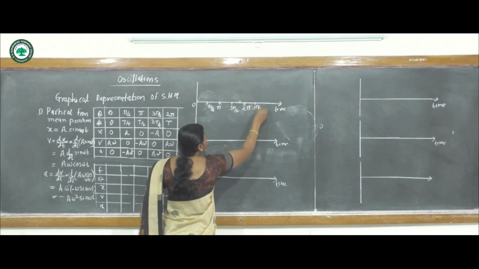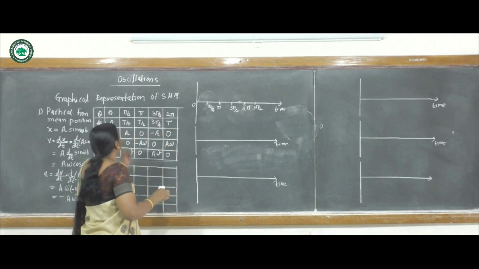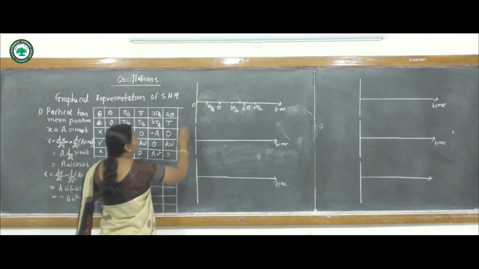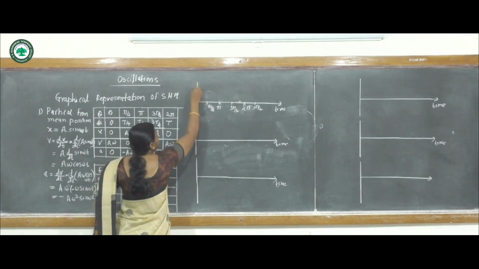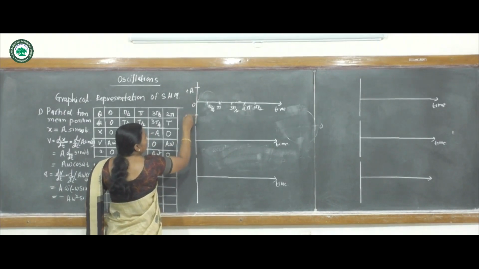Then again the displacement at 0 is 0. Here we consider the amplitude varies from plus or minus a.